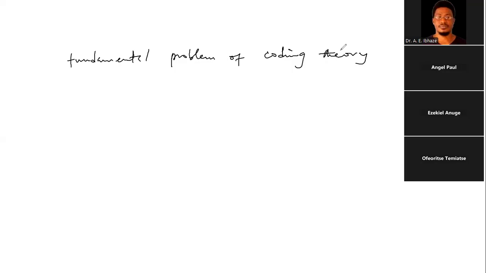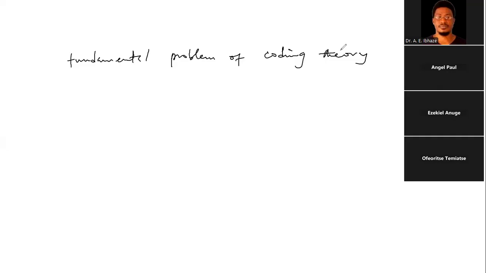So we need codes that can be developed from some finite field to be used for transmission over this channel. Then what is the fundamental problem of coding theory itself? Now that we can use the finite fields to construct codes, what can we say is the fundamental problem of coding theory?